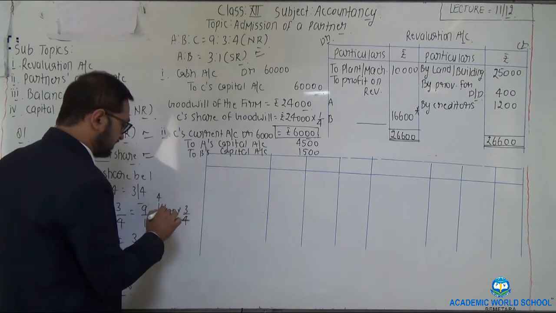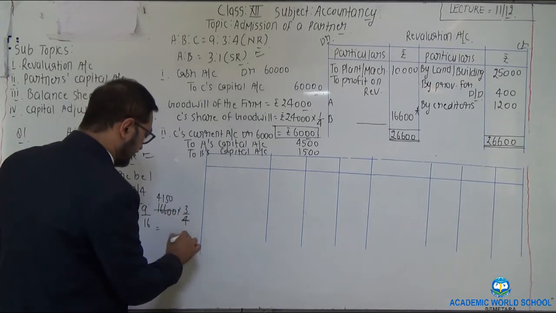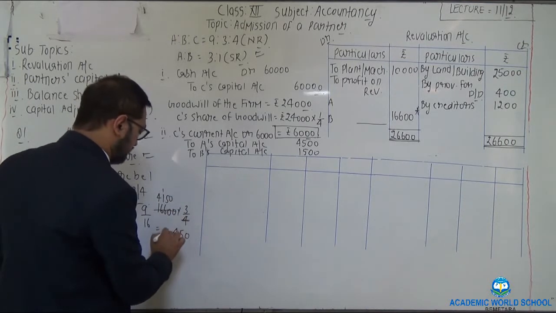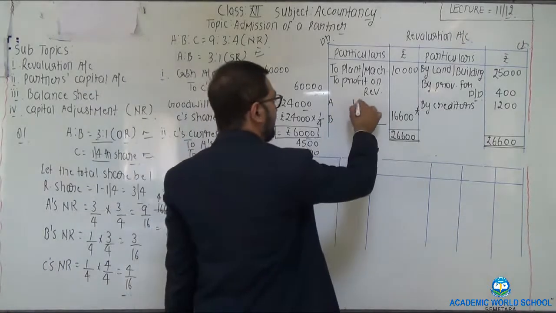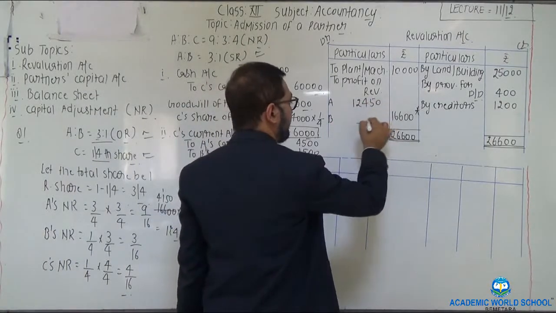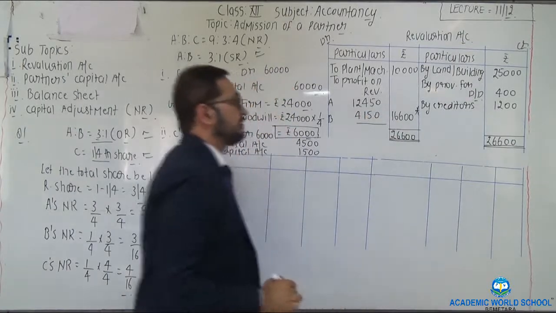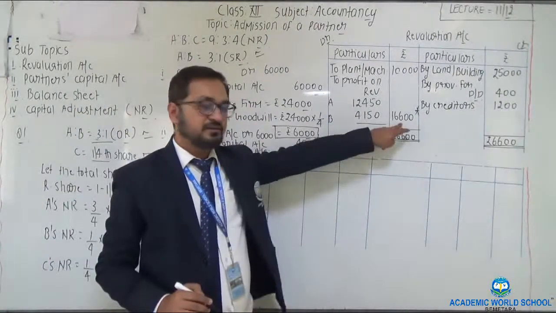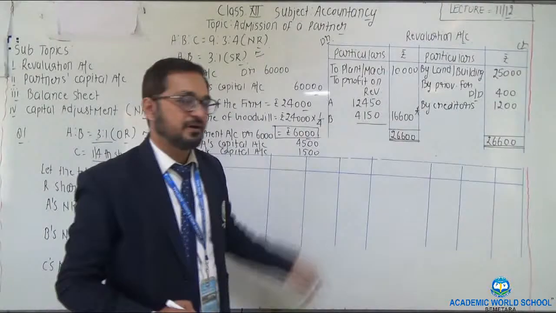That gives 12,450 as the amount of A, and 4,150 is to be gained by B. Clear to you? 16,600 multiply 3 by 4, 16,600 multiply 1 by 4.